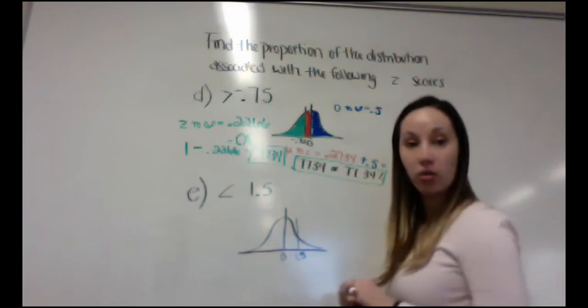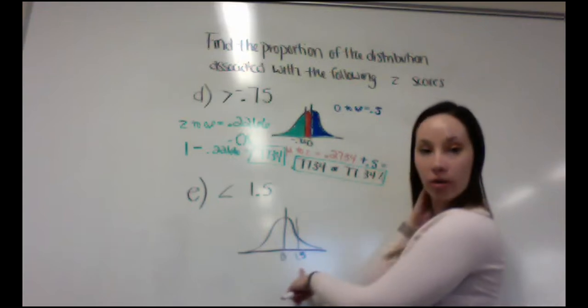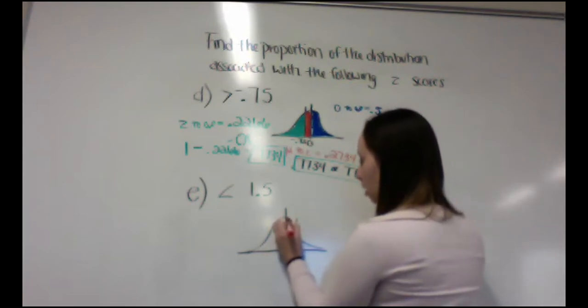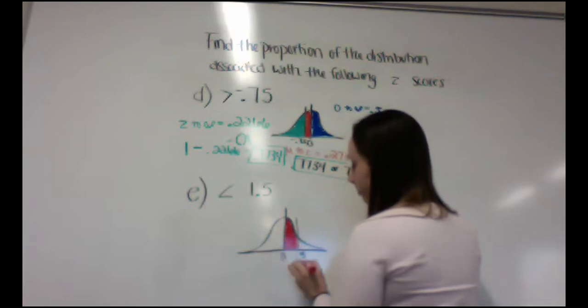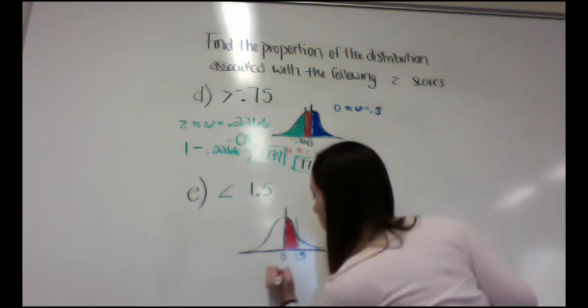So one way that you can work this is to find the space between 0 and 1.5, which we'll denote here again in red. And that, of course, is going to be our mean to z.